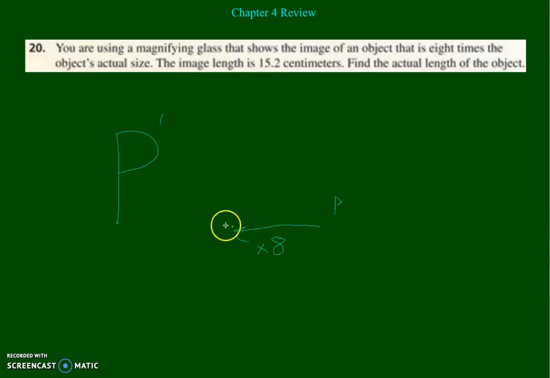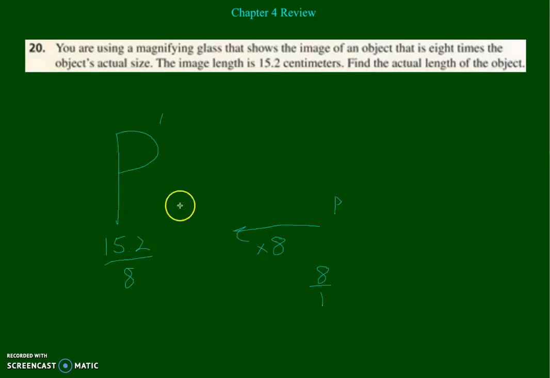So destination divided by source, 8 divided by 1, 8 times the original object. Which means if this object is 15.2 centimeters long, this object going the opposite way is 15.2 divided by 8.